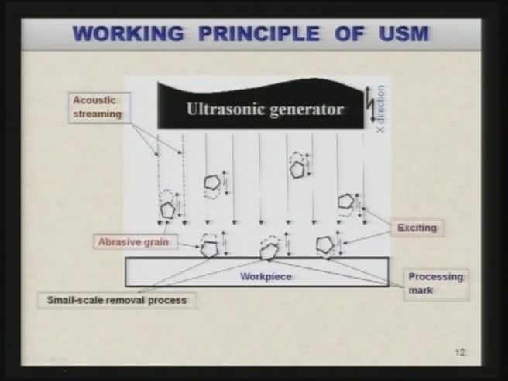Now, as you can see here, this is the tool which is vibrating at ultrasonic frequency, and here you have the slurry in the gap between the workpiece and the base or the bottom of the tool, and these are all abrasive particles which are being hit by the tool, and once they are hit by the tool with certain kinetic energy, they come and hit the workpiece surface over there.